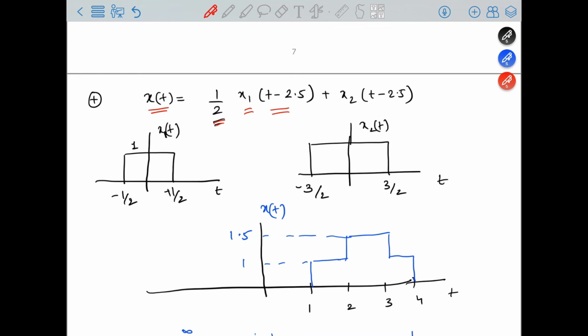We just multiply the same scalar with the Fourier transform. So it will be 1/2 X1(jω), multiplied by e^(-j5ω/2) because of this shift. Similarly for the second case, no scalar is multiplied, so we just take X2(jω), multiplied with e^(-j5ω/2).